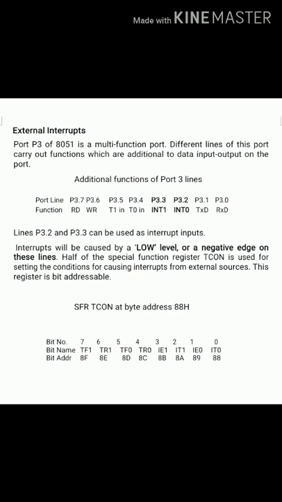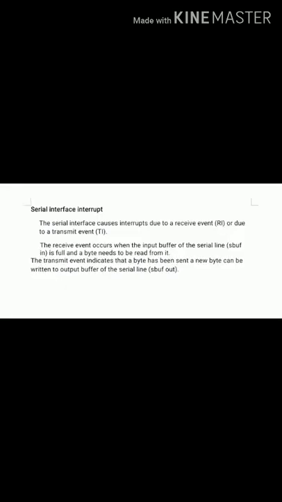Coming on to the serial interface interrupt. The serial interrupt occurs whenever an RI event or a TI event occurs, that is, either a receive event or a transmit event occurs. Serial communication will have 2 events: one is called the receive event, and the other is called the transmit event. A receive event takes place whenever data from an external device has come and got stored into the serial buffer SBUF in.